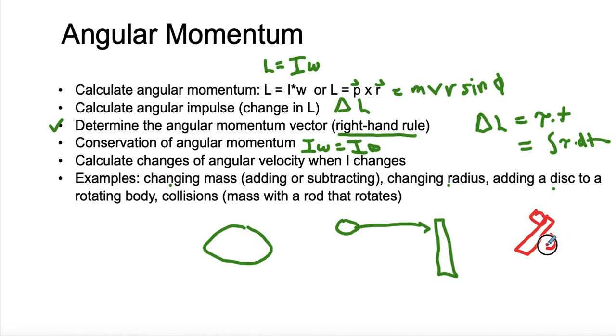So it's going to rotate and it's going to move. That's a complicated system, but that is an angular momentum question that you can do, the conservation of angular momentum. It's very powerful if you use it right. And that's it.